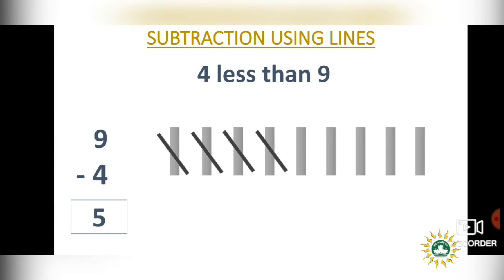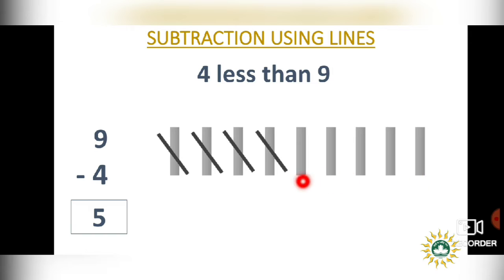Now we will learn subtraction using lines. Here we have to subtract 4 from 9 because the question is 4 less than 9. So as we already know that subtraction means to take away a smaller amount from a larger amount. So here the larger amount is 9. So we will first draw 9 lines. 1, 2, 3, 4, 5, 6, 7, 8, 9.